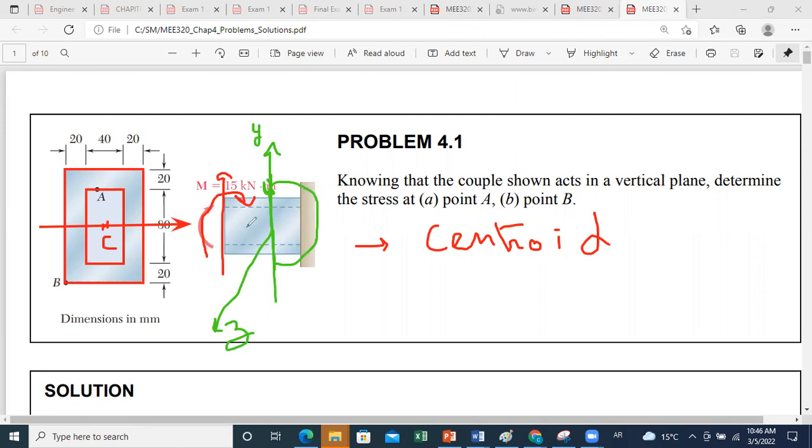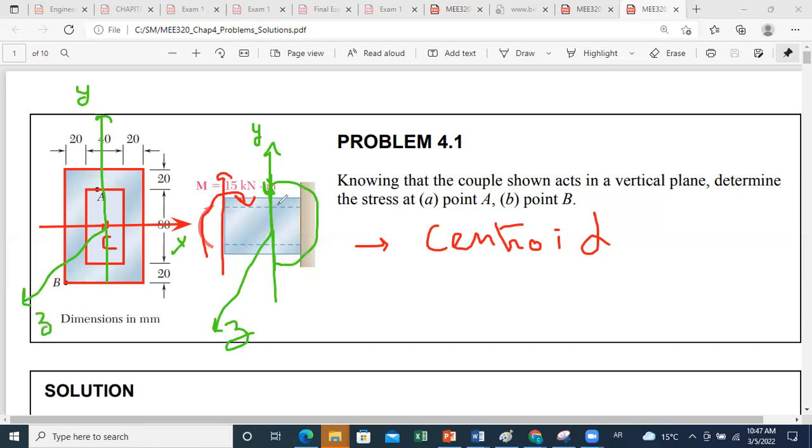We cannot see it here in this figure. We can see it in the figure of the profile view of the cross section. So you have, this is x, this is y, and Z is perpendicular to the rectangular cross section.